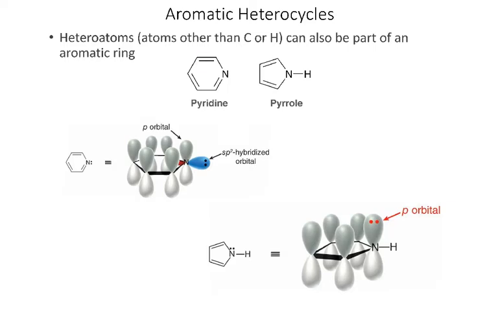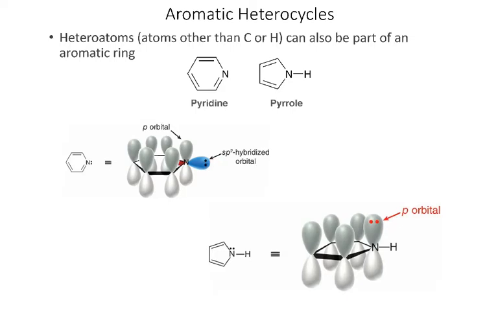In the case of pyridine, we have this lone pair, but it's actually not part of the aromatic ring. If you remember, an atom can only have one unhybridized p orbital when it's part of a ring, when it's sp2 hybridized. And because this nitrogen is already participating in a double bond, that means the lone pair is in an unhybridized sp2 orbital. And so it's sort of sticking out in the plane of the molecule, right?